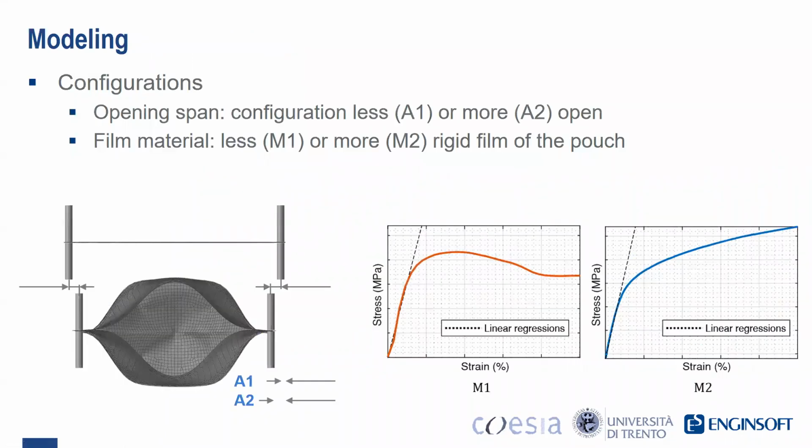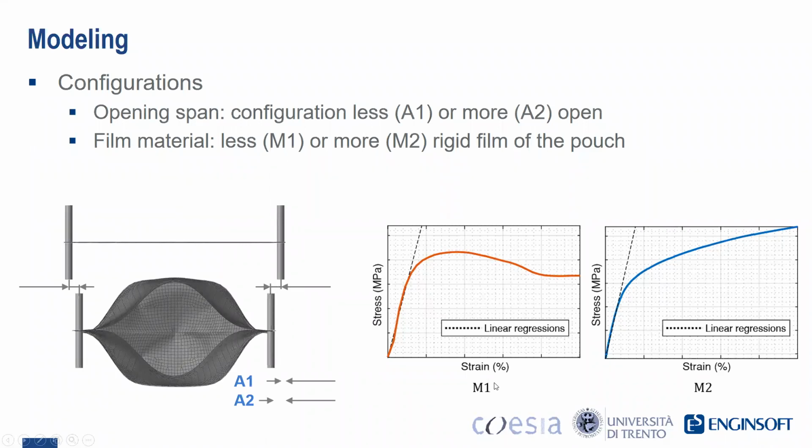So in terms of what we will focus on, here there are a couple of aspects that we wanted to analyze to better understand the behavior of our system while we move it. When we change the opening, so we studied 2 pouches, one with a certain, let's say, opening spacing here, and one with a greater opening space, so a more or less open pouch could result in different flow behaviors, of course.